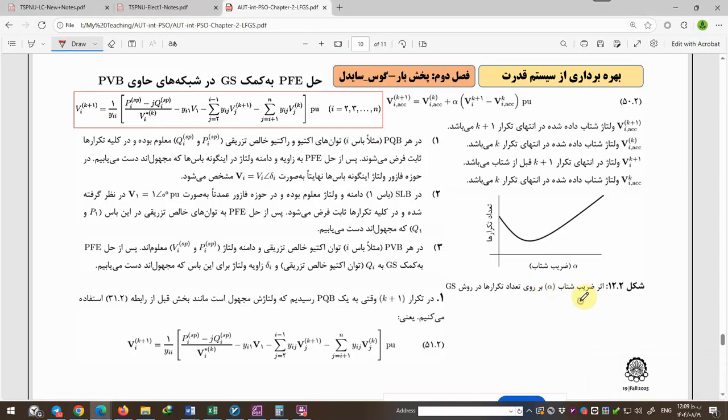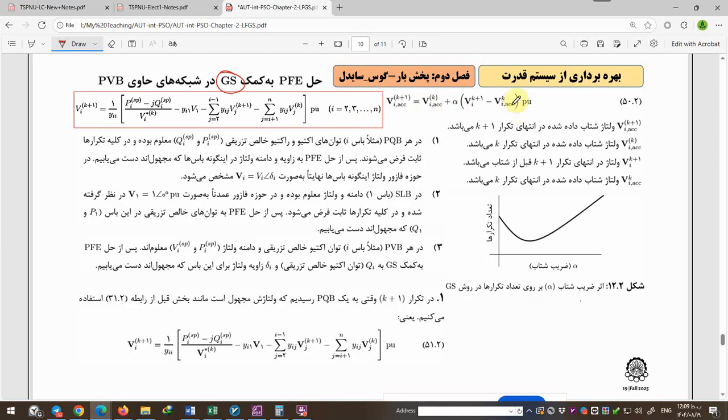In other items, we have to consider the accelerating factor in the Gauss-Seidel method for solving the power flow equation.